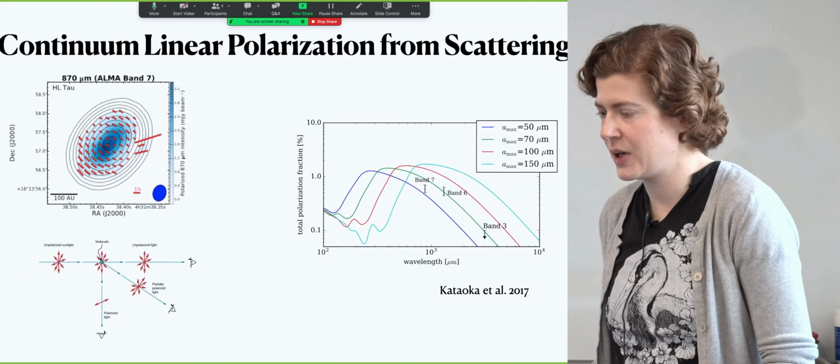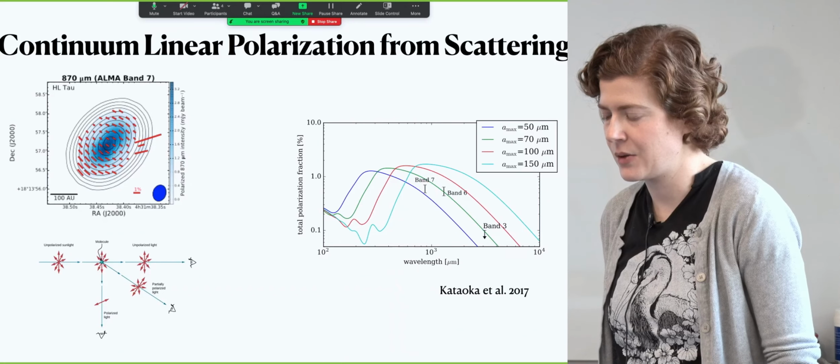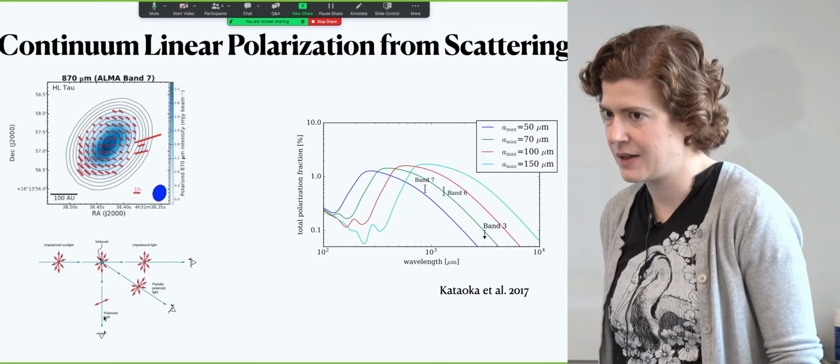Sorry, I was more wondering about this, why the scattered light is polarized per grain. Yeah, it's just because we're considering basically Rayleigh scattering here, so the light is 100% polarized if it's scattered at a 90-degree angle.